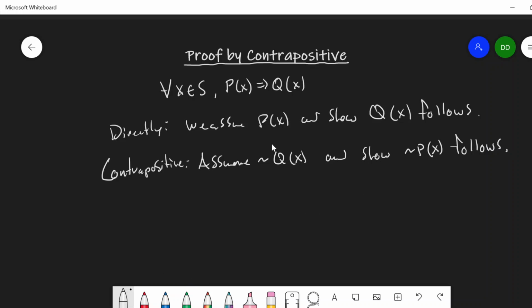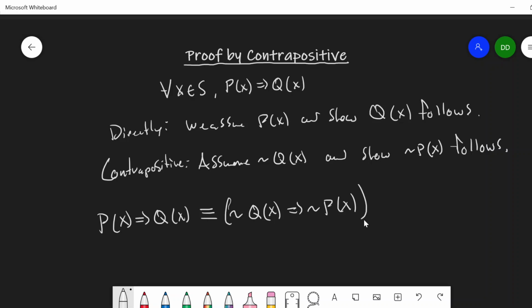So why does that work? Well, remember that P of x implies Q of x, that's our implication, is equivalent to its contrapositive. It's equivalent to not Q of x implies not P of x. These two statements are equivalent, right?